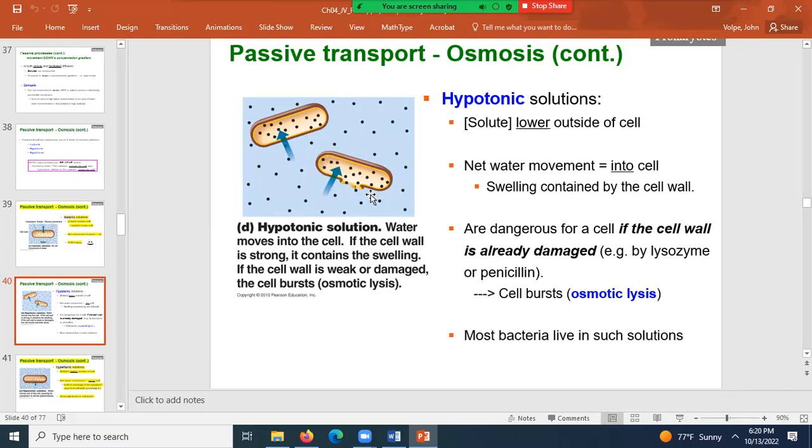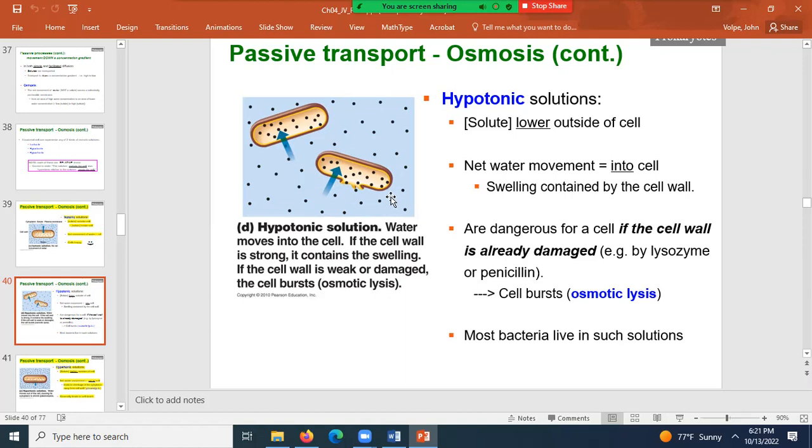If there is no cell wall around the cell, then that cell membrane will expand until the cell bursts, and that would damage and destroy the cell by osmotic lysis.